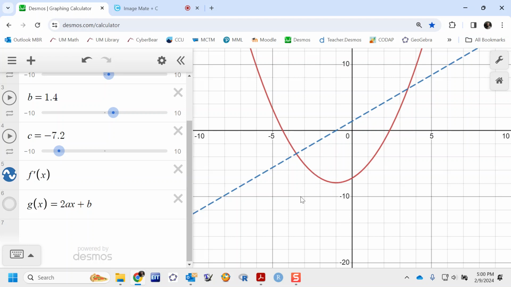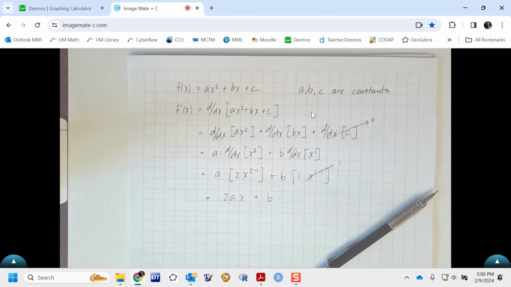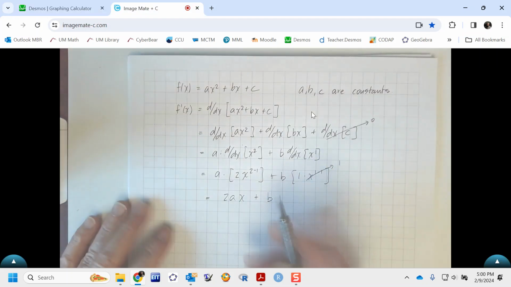The vertex is going to be located where the derivative function transitions from negative to positive. That's where we come down, change, and then go up. So at that location we should be able to find a general x value for the vertex. So let's go after that really quick just to see what happens here.